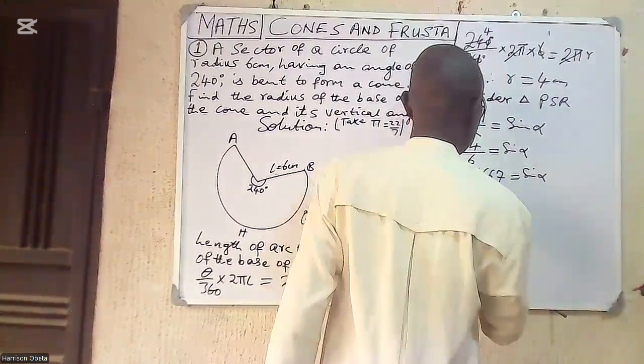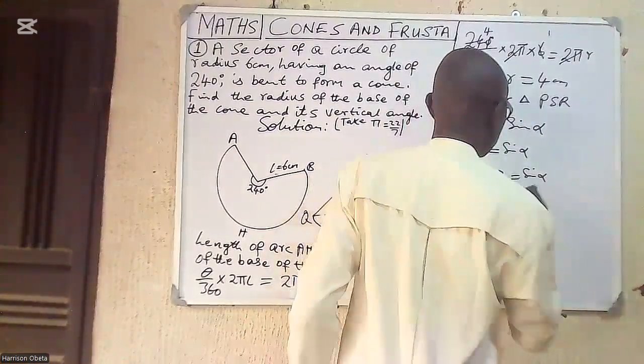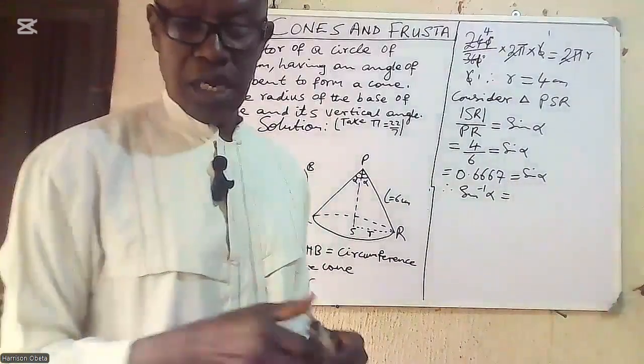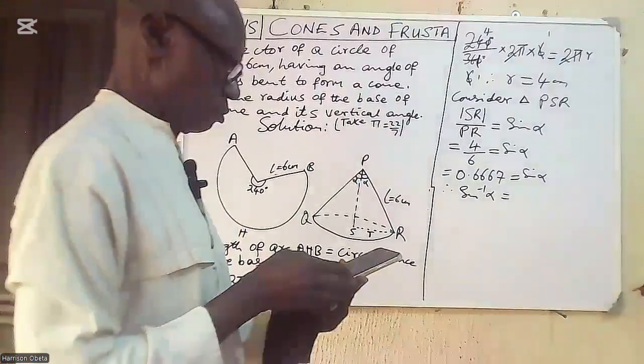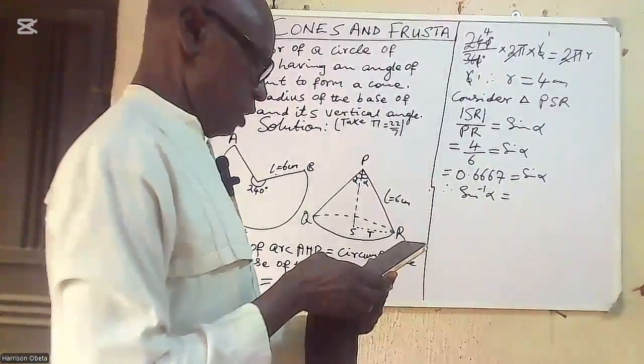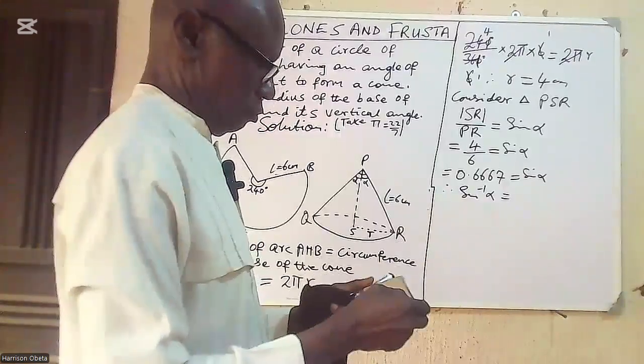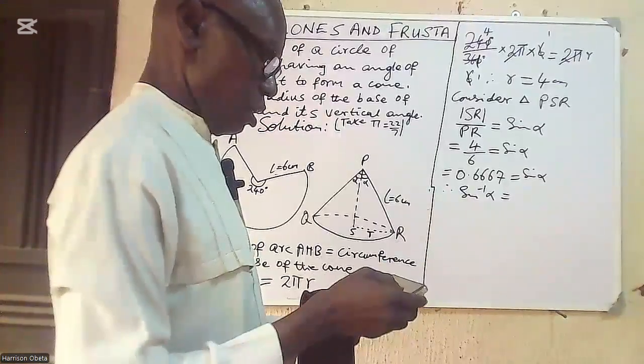Therefore, alpha equals sine inverse of that. We check the angle that has that as the sine, and that is, go back to our calculator again.